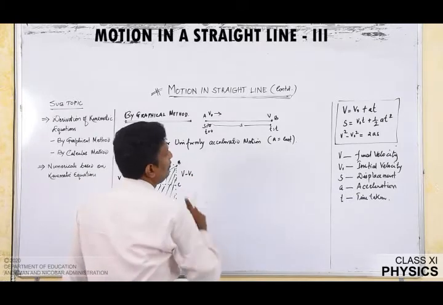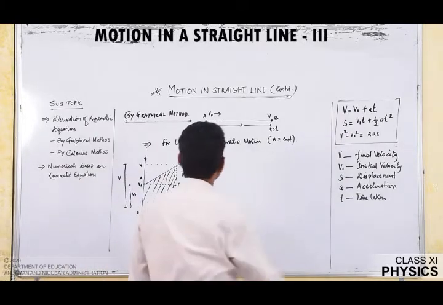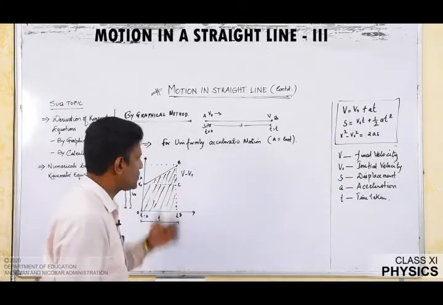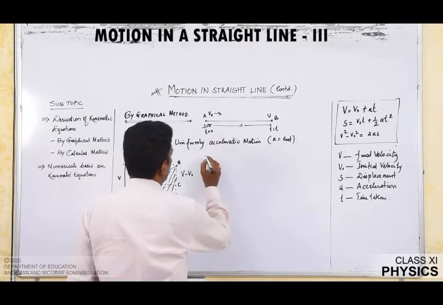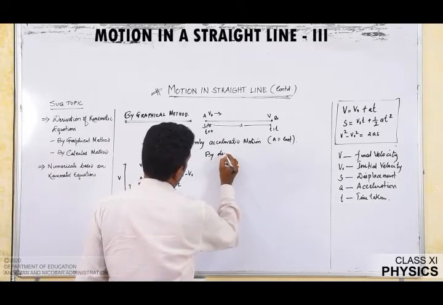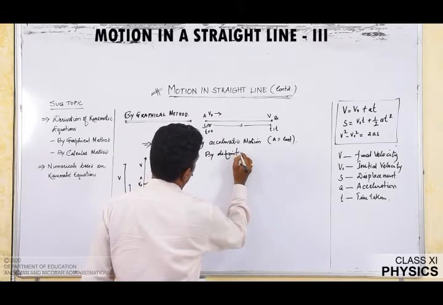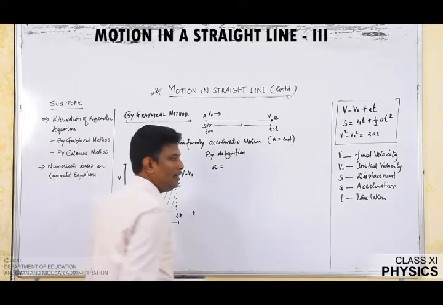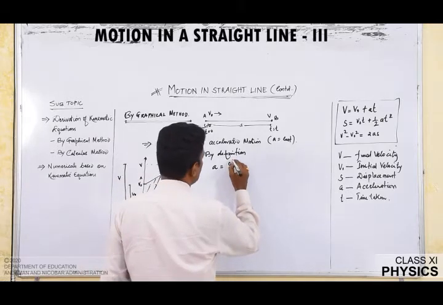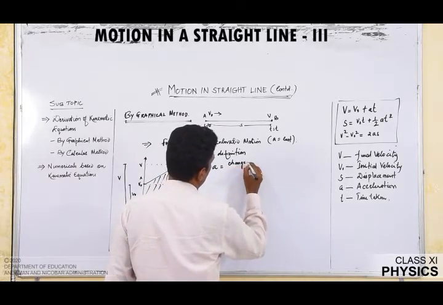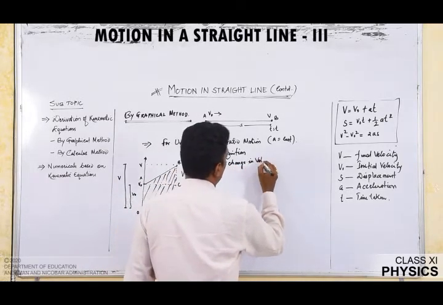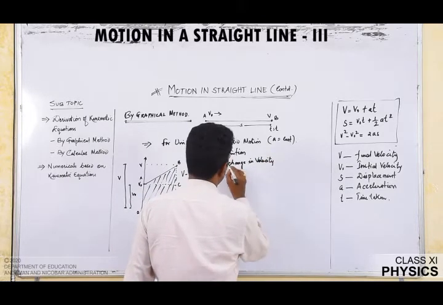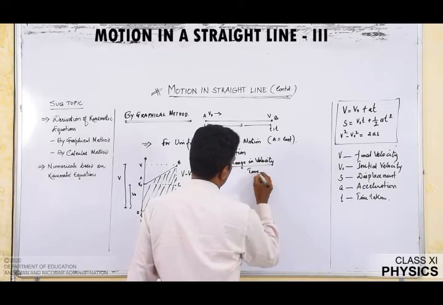First one, we are going to derive the first equation, V is equal to V naught plus AT. By definition, we know that acceleration is equal to change in velocity by time.